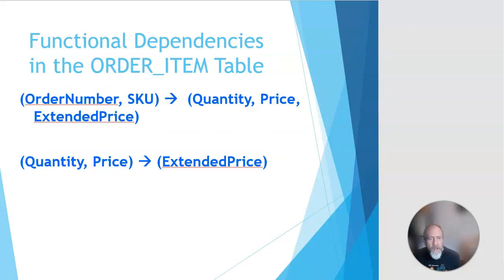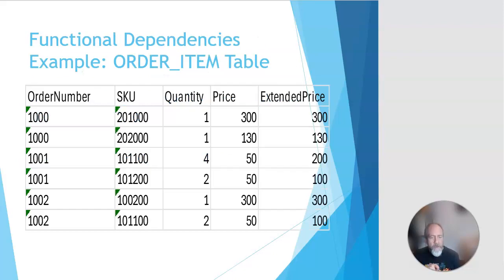When you're looking at a single functional dependency, one item, which is a determinant, then all the items in the rest of that row are determined by it. In a lot of situations, if you have this and this, or this and this and this, it doesn't have to be 2, it can be more than 2, it becomes a determinant for other things. In this one table, you've got order number and SKU, which determines everything, and the quantity and the price, which determines the extended price.